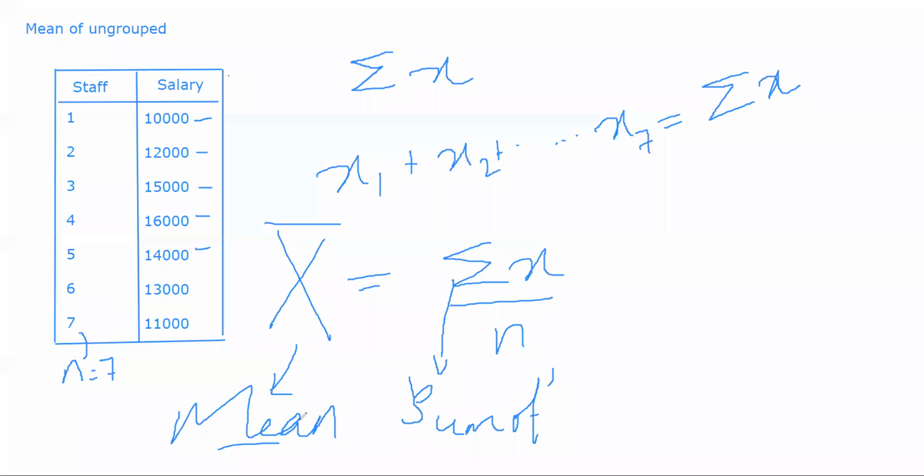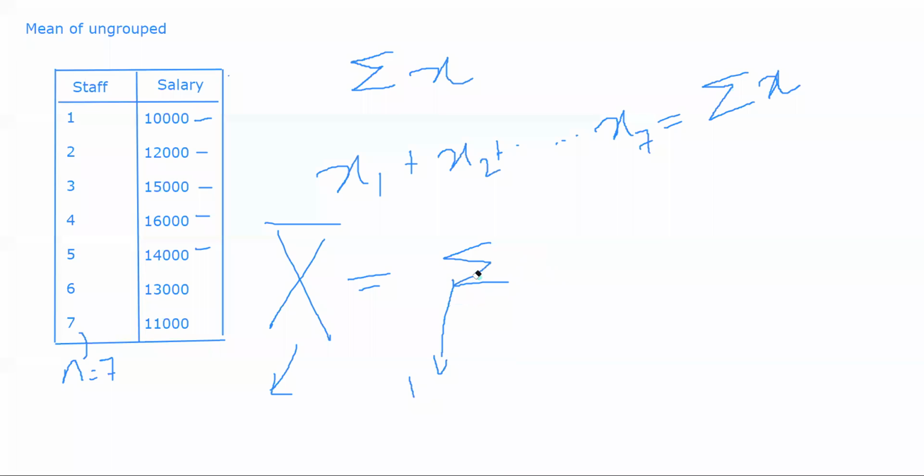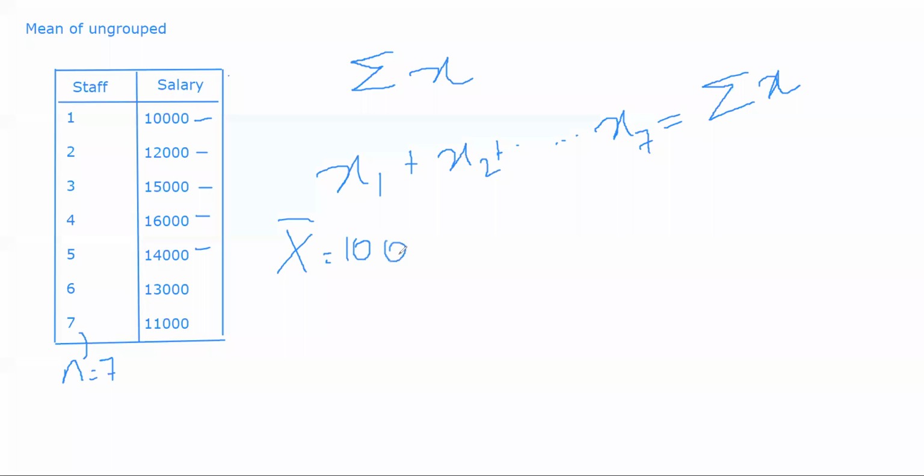So if I try to find out the mean, now you try to find it out along with me. Don't use the calculator, try to do it yourself. So take a piece of paper, write down all the observations and try to calculate what will be x bar. So x bar is equal to, observation 1 is 10.